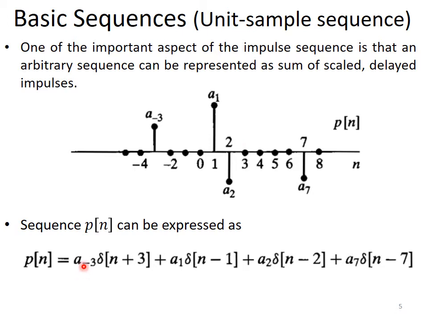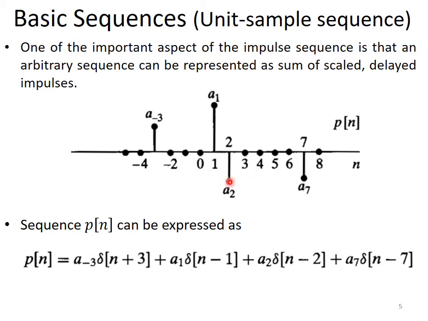So here a-3 is the amplitude of this impulse, and this impulse appears at n plus 3, right? 3 time units ahead of 0, or 3 time units on the left of 0, is written as n plus 3. Then the second sample appears at 1, and its amplitude is a1, so a1 times an impulse delayed by 1 unit because it is on the right side of 0.